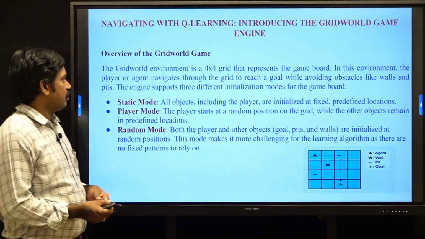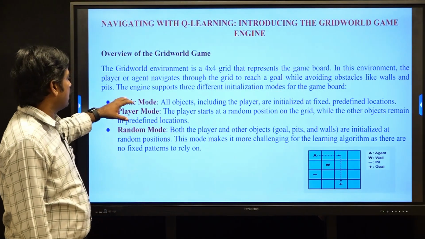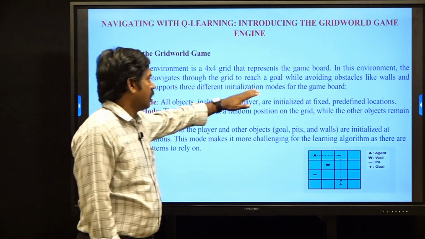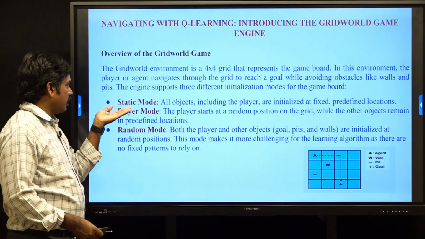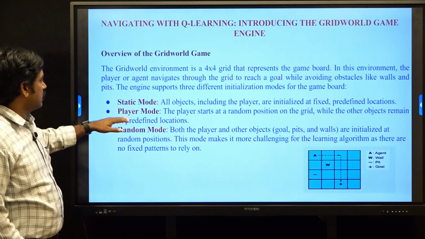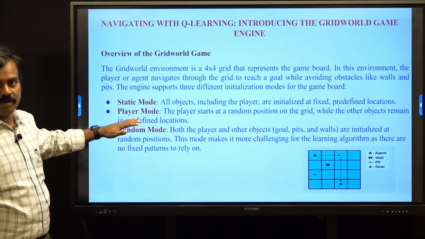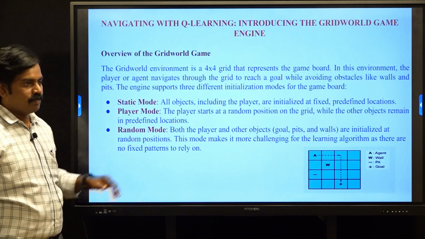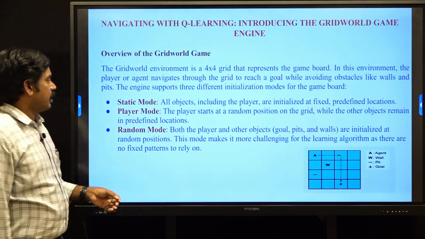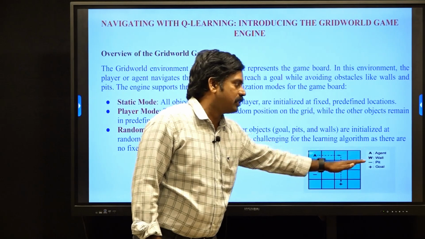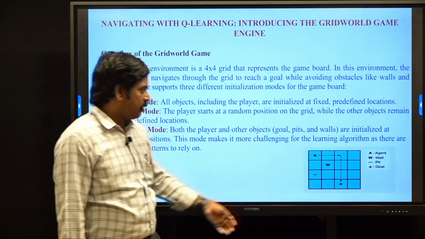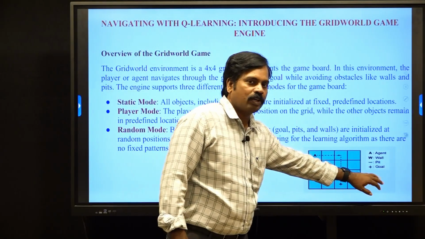The Gridworld game engine supports 3 different initialization modes for the game board. One is the static mode, the second is player mode, and the third is random mode. In static mode, all objects, meaning the agent plus the environment objects, are initialized with fixed or predefined locations. The environment objects are wall, pit, and goal.